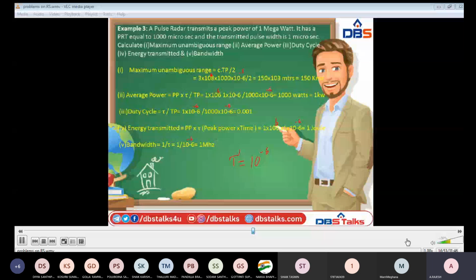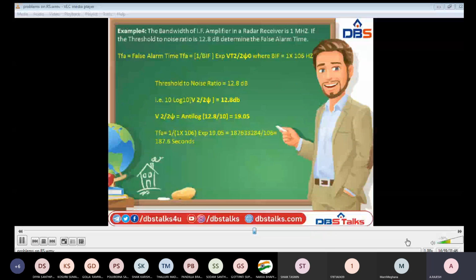See here, fourth example: if the bandwidth of an IF amplifier in a radar receiver is 1 megahertz, and if the threshold to noise ratio is 12.8 dB, determine the false alarm time. We need to find out the false alarm time.